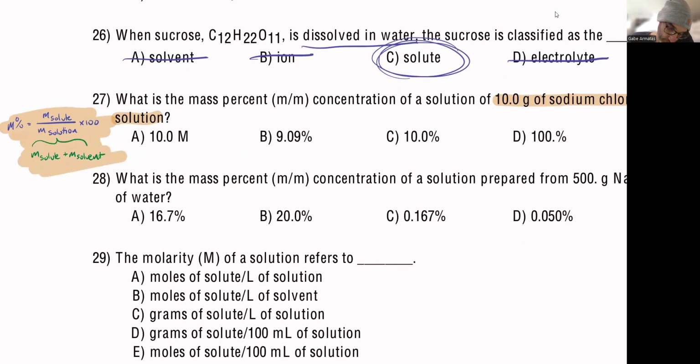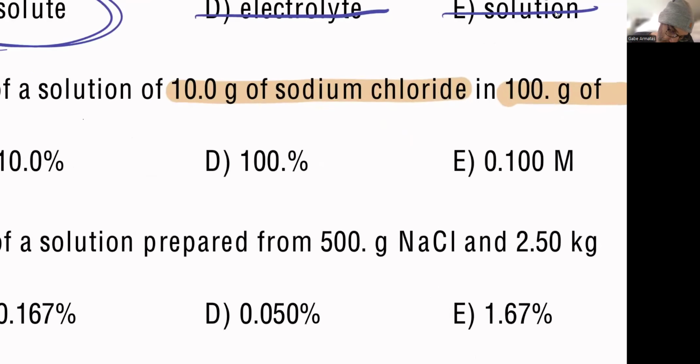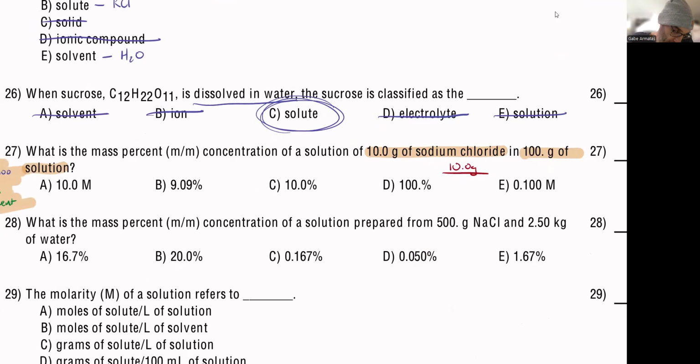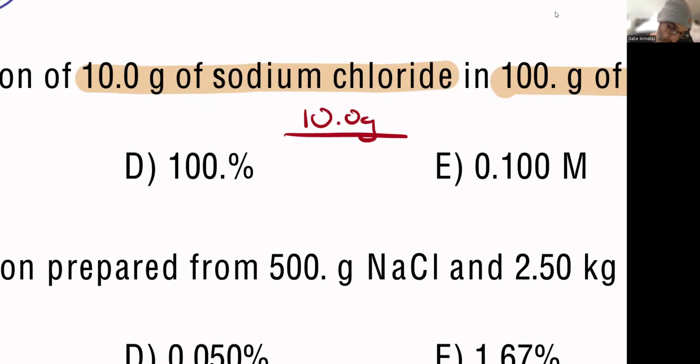All right. So in this case, the solute is going to be that 10 grams of sodium chloride. So 10 grams of sodium chloride is the solute in 100 grams of solution. Because it says solution and not solvent, the whole thing, 10 grams of sodium chloride plus 90 grams of whatever the solvent is, times 100.